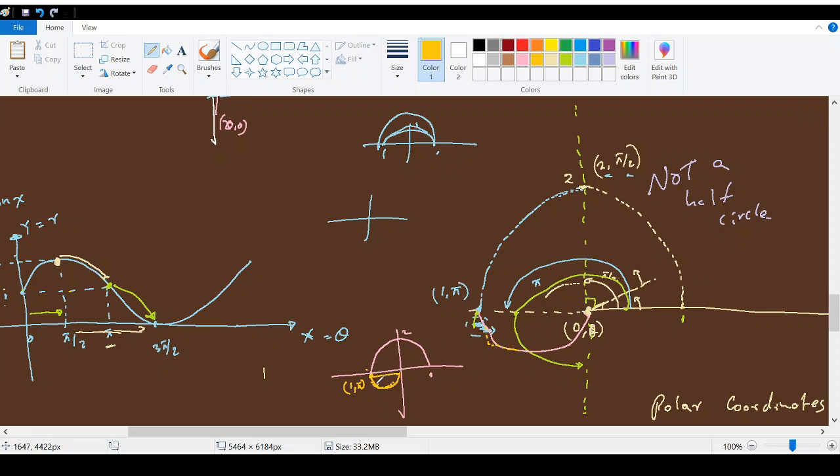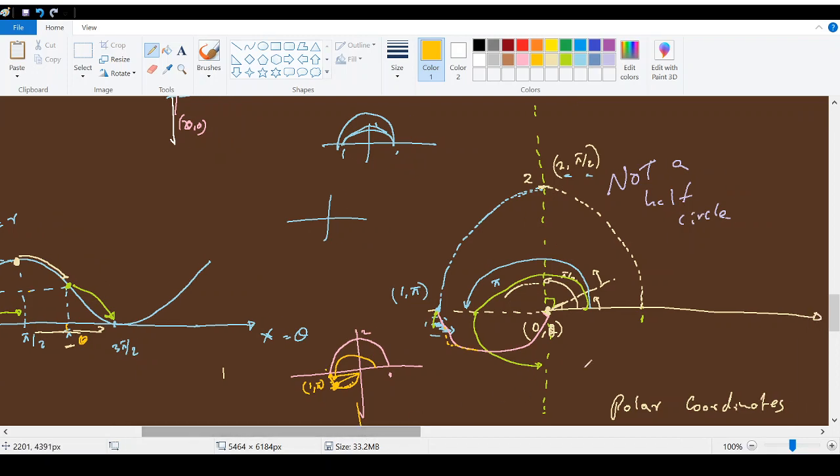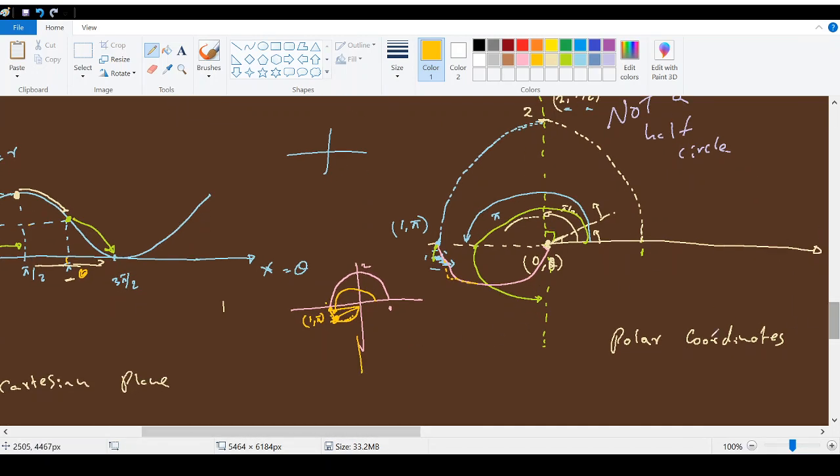So the point in here will take this theta value, which is greater than pi and less than 3 pi by 2, because 3 pi by 2 will lie on this vertical line, right? Now all these lines are dotted lines because they actually do not exist when it comes to the polar coordinate system, right?